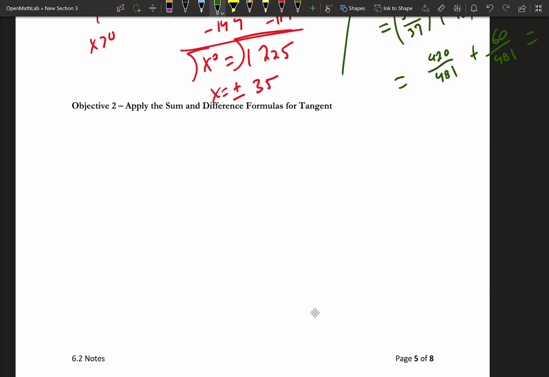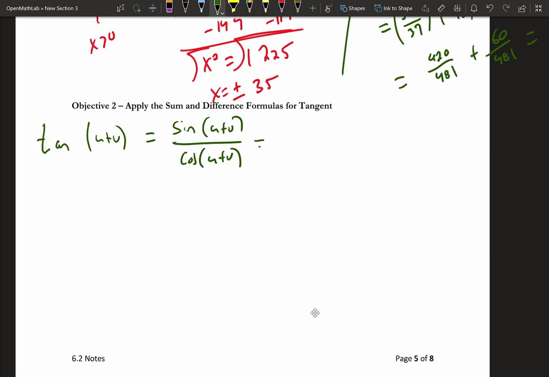Because we can think about, for example, the sum formula: tangent of u plus v would be equal to sine of u plus v all over cosine of u plus v. So we're applying one of the quotient identities we looked at in the last chapter and in 6.1.